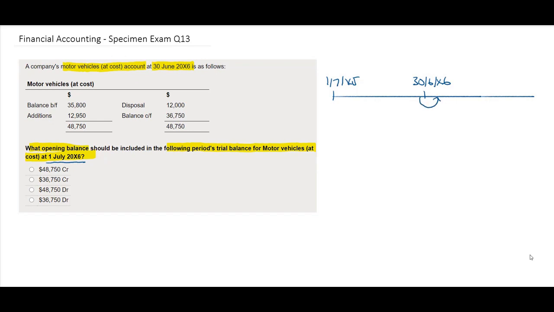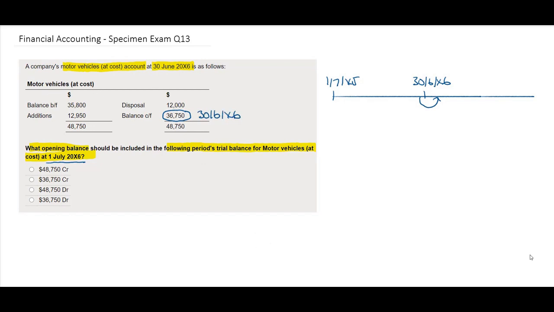We can see from the information provided in the ledger account that we had a balance brought forward at the beginning of the year, and then we had some additions on the debit side and a disposal on the credit side. And so therefore we have a balance carried forward at the end of the year, which would have been at the 30th of June 20X6.